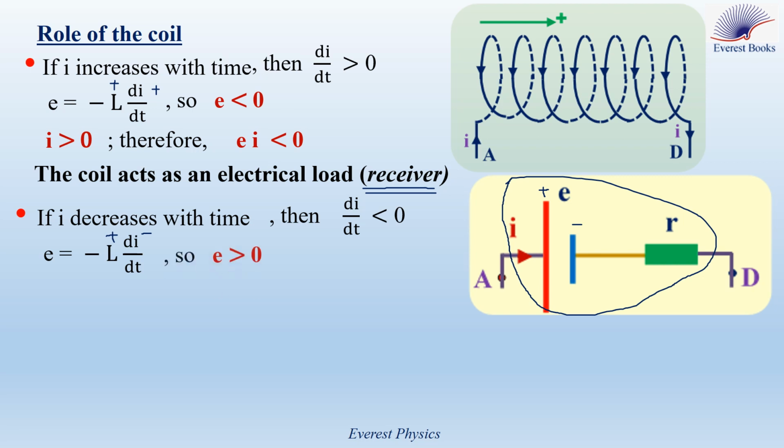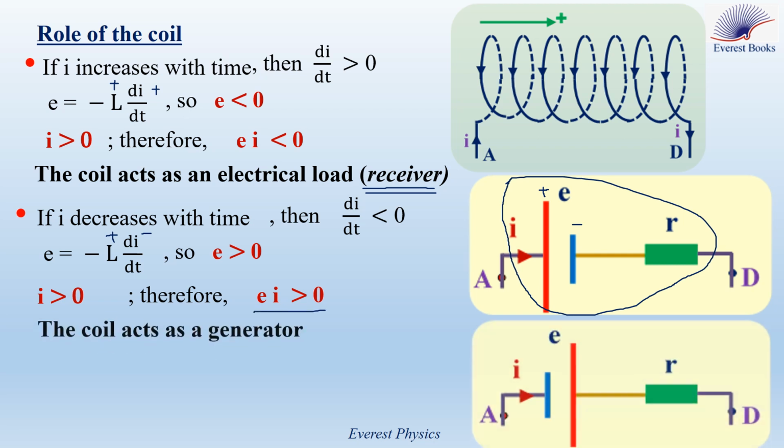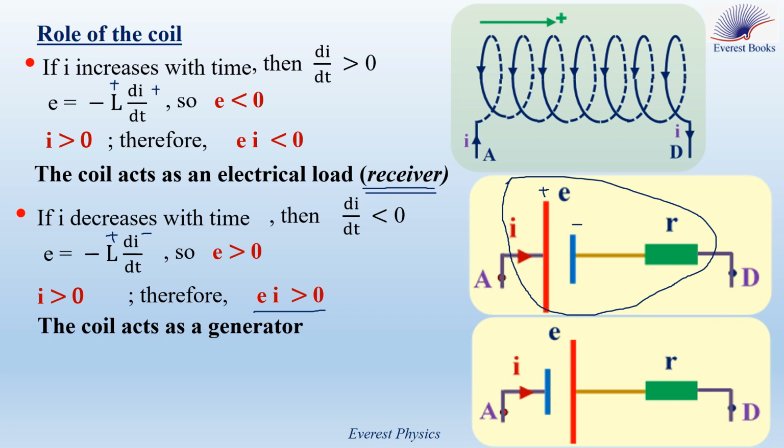This means that E is positive. Again, I is positive. Therefore, EI is positive. In previous episodes, we discussed this case: when EI is positive, the coil acts as a generator.